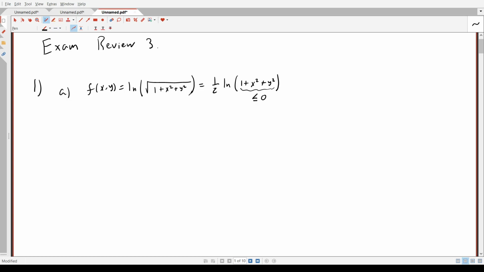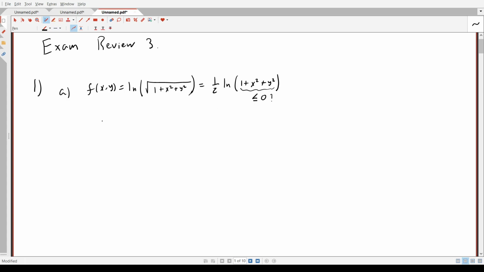No, it's not. X squared is bigger than or equal to 0, y squared is bigger than or equal to 0, and we have this 1 here. So the answer is no, which means all pairs of x and y are in my domain.